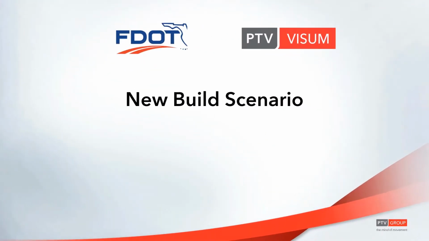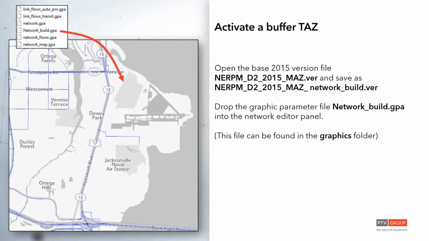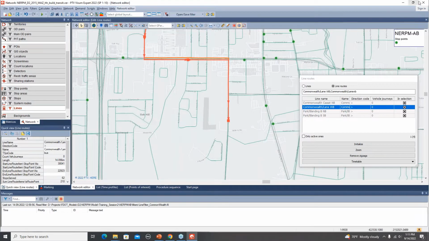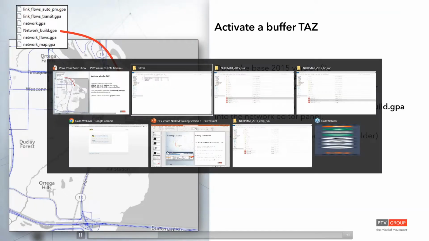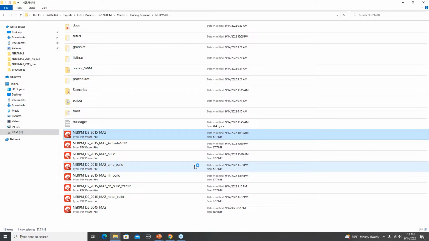Change anything. So we can look at a very simple network update scenario, and in the interest of time, I'll go very quickly over this. Let me close this and open the base version file.